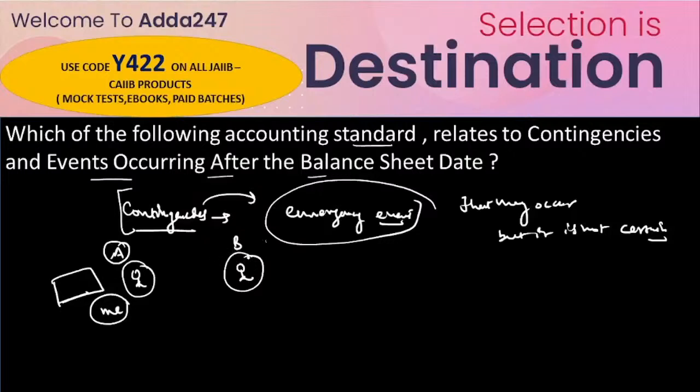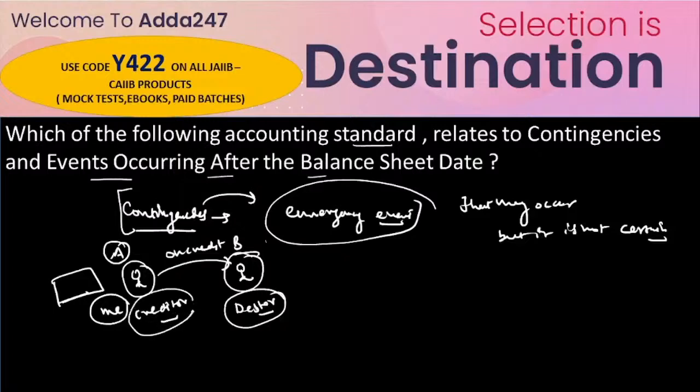This person B purchased goods or services on credit from me. So B would be known as a debtor of mine, and I would be known as a creditor for them.